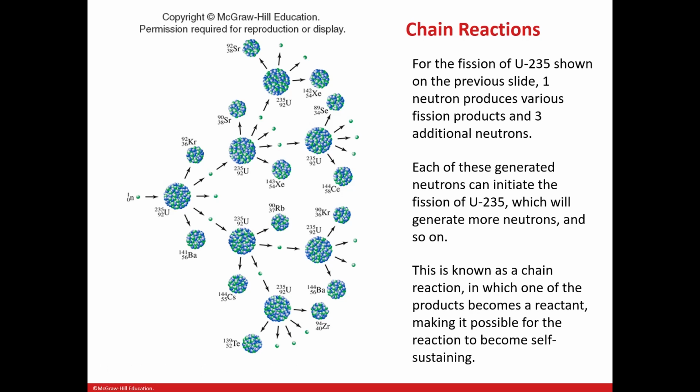So we actually get what we call a chain reaction going, where that first fission product produces some more neutrons that can be used to initiate more reactions with uranium-235. So the reaction actually becomes self-sustaining, that it will just keep going, producing more neutrons, which can in turn react with more uranium-235, which in turn produces more neutrons, and we just keep going.